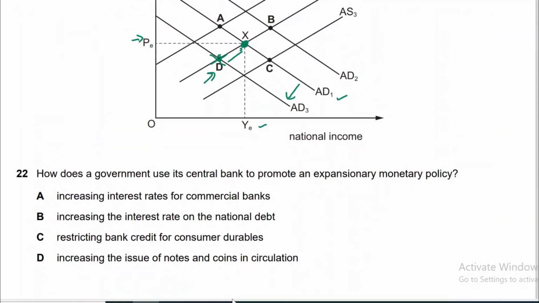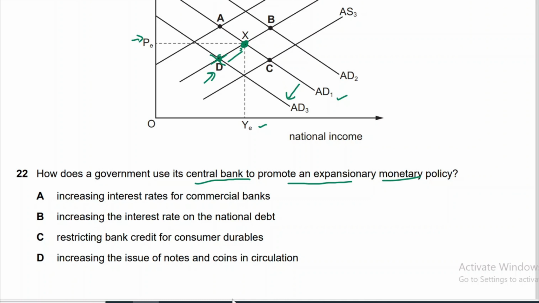And question number 22 says, how does a government use its central bank to promote an expansionary monetary policy? The central bank is the main bank of the country that has sole authority to issue currency notes and coins. Expansionary monetary policy is when you increase money supply in the economy, decrease interest rate, and make credit regulations easier.